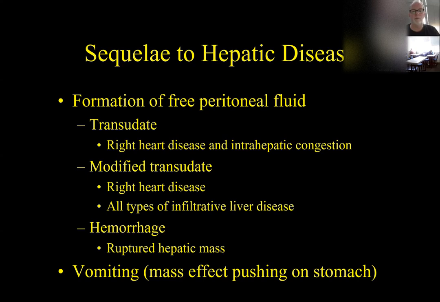Sometimes you'll also see that with right heart disease, but sometimes you'll see that with infiltrative disease of the liver, including certain types of neoplasia. And you can also get a hemoabdomen, so you get hemorrhage or frank blood in the peritoneal space. A lot of times you'll see this related to hepatic disease where you may have a ruptured mass in the liver that now you're bleeding internally into the peritoneal space.